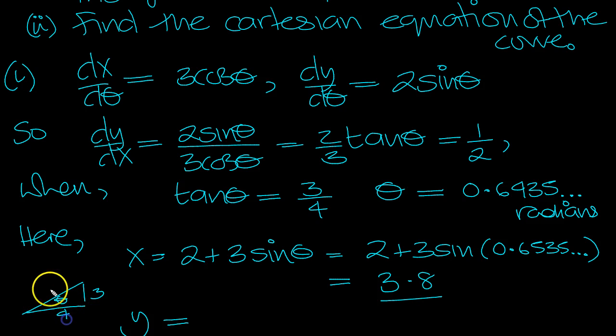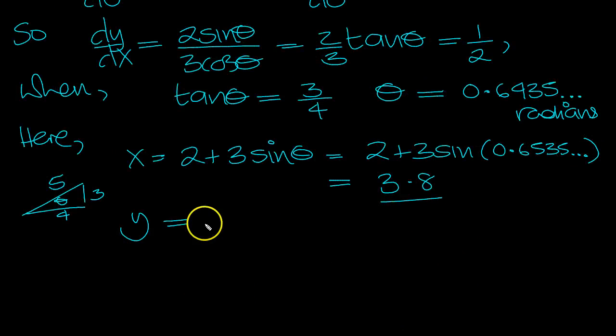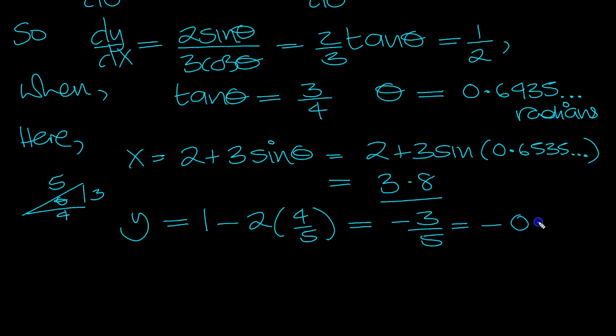Tan is 3/4, so sine is 3/5 and cos is 4/5, so y is equal to 1 minus 2 cos theta. 1 minus 2 cosine theta is 1 minus 8/5, 5/5 minus 8/5 is minus 3/5, which equals minus 0.6. And 2 plus 3 sine theta, 3 times 4/5 rather, which is 12/5, isn't it?